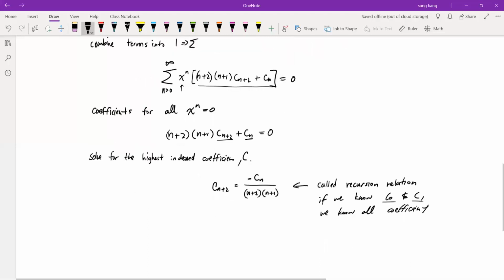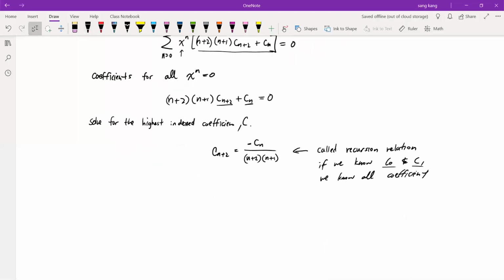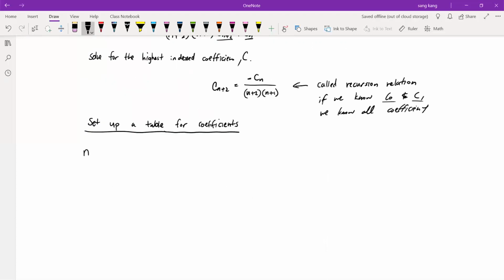Okay, so in order to do that, we'll set up a table, I guess, for coefficients. N here, and my recursion relation, C n plus 2 equals negative C n over n plus 2 times n plus 1.